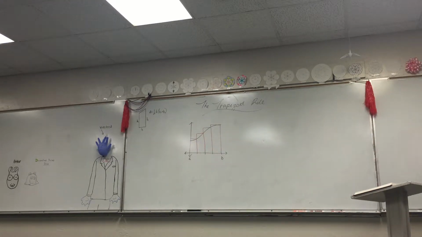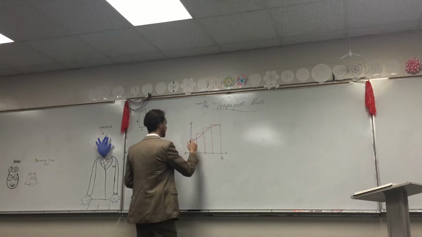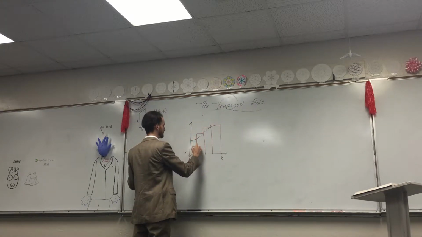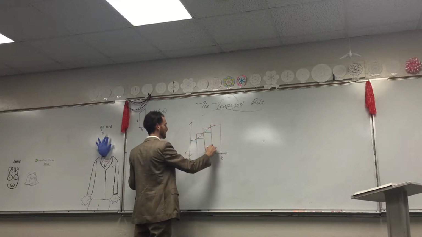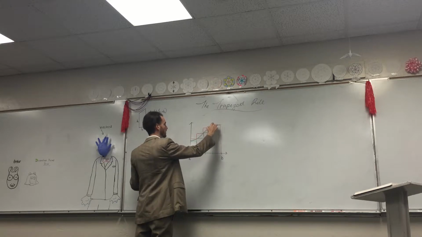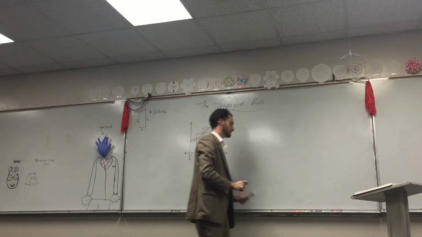So that would be looking to the right. I could also do looking to the left, which would be like this. So I could be looking to the right or to the left.